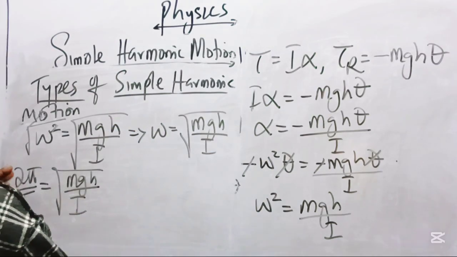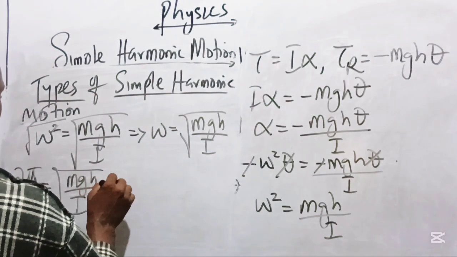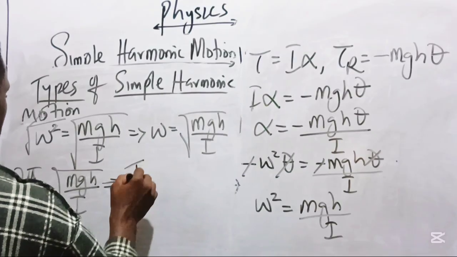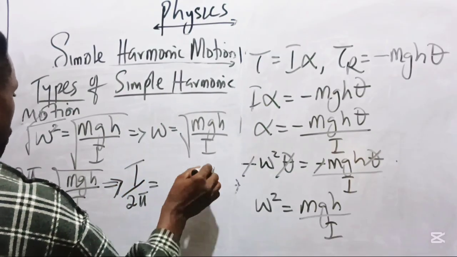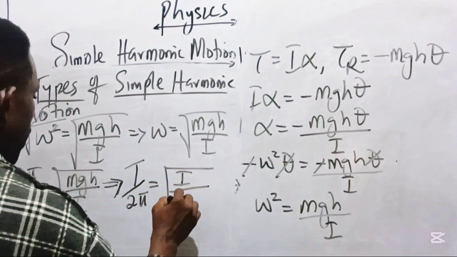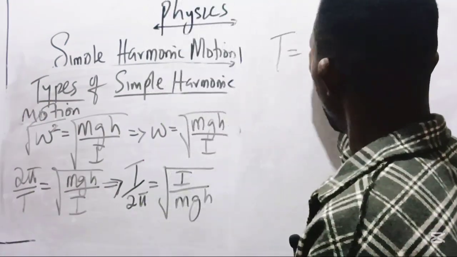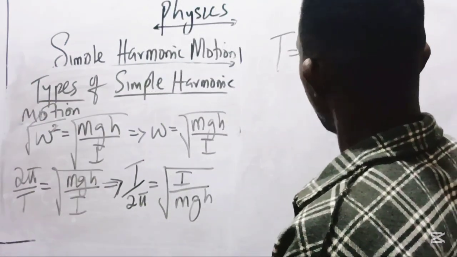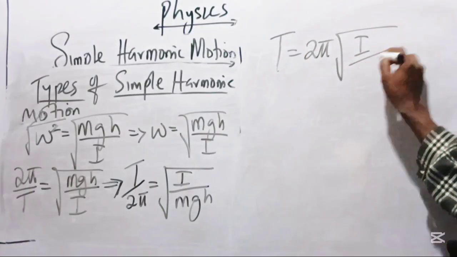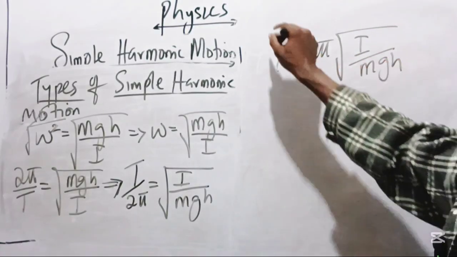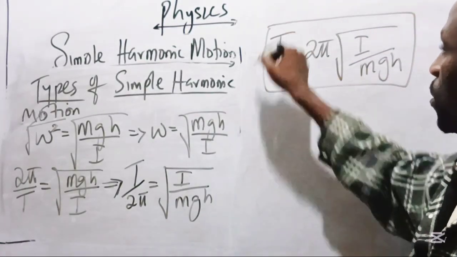Now we take the reciprocal of both sides, we have that T over 2 pi is equal to square root of I all over mgh. So the period of compound pendulum is equal to 2 pi square root of I over mgh. So this is the period of compound pendulum.